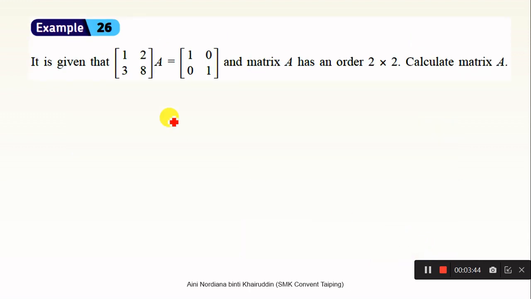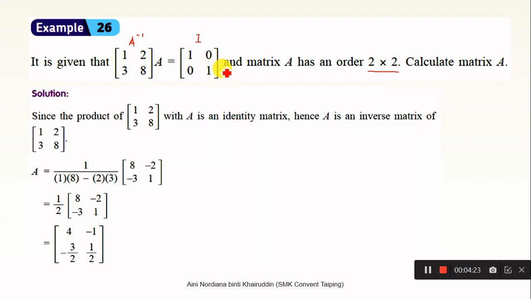Next, example 26. It is given that a matrix times A equals the identity matrix, and matrix A has an order of 2 by 2. Calculate matrix A. We know that this is actually the inverse matrix of A, because when an inverse is multiplied with the matrix, we get the identity matrix. As you can see, this is the identity matrix.